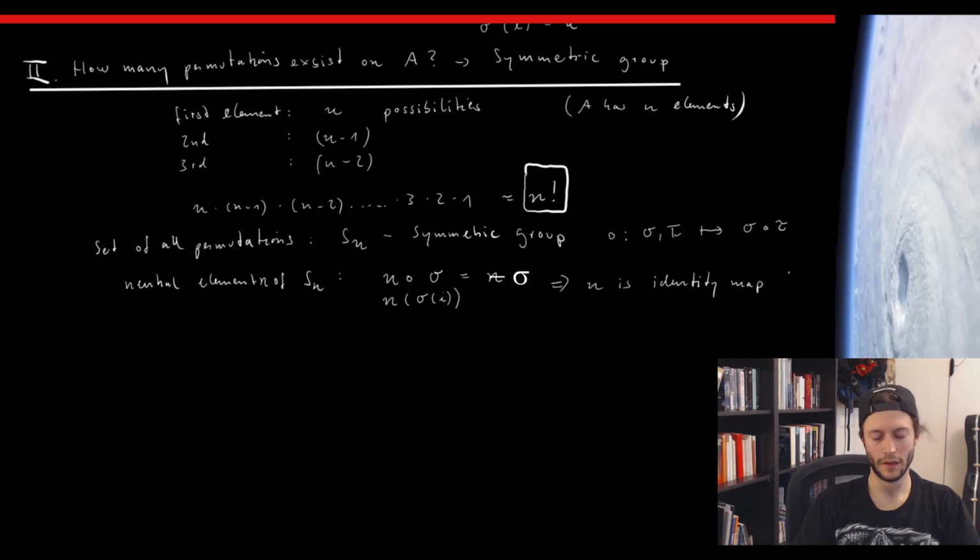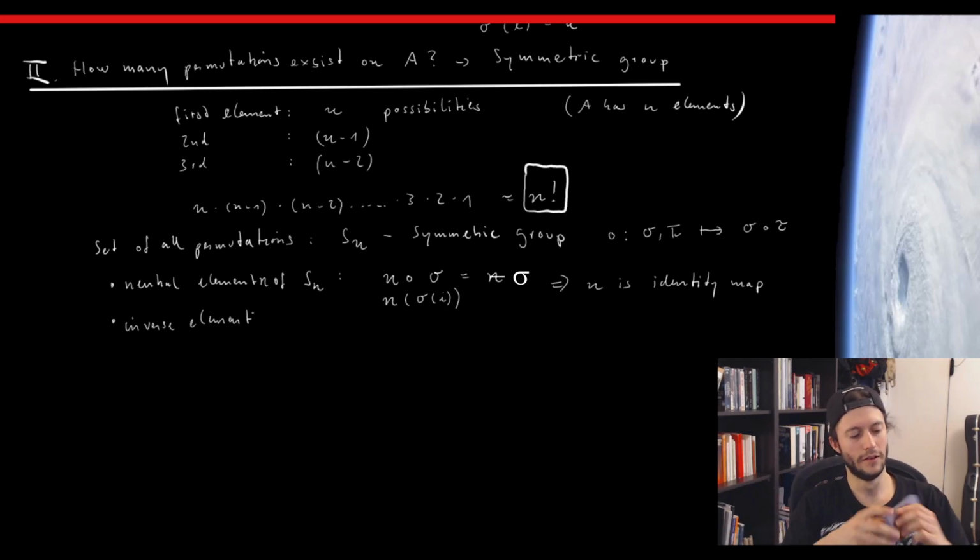Okay. Then what else do we need for the group? We need an inverse element for each element in the group. What does that mean? That means, let's have one element. This is the set A. This way, that was one permutation. Let's call it tau.